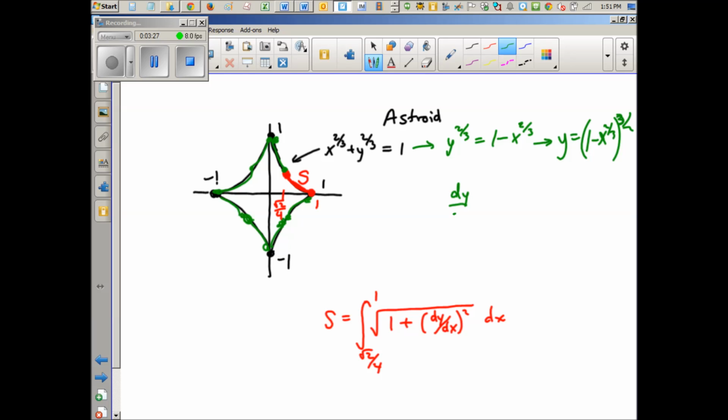Bring down the 3/2, and take away a power, so now it's a half. Multiply by the derivative of the inside. Kind of ugly, but you can see that this 3/2 and this 2/3 cancels out. And we just basically end up with this 1 minus x to the 2/3 square rooted over x to the 1/3, like that.